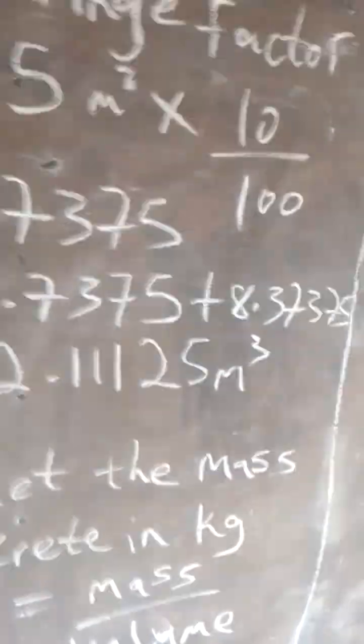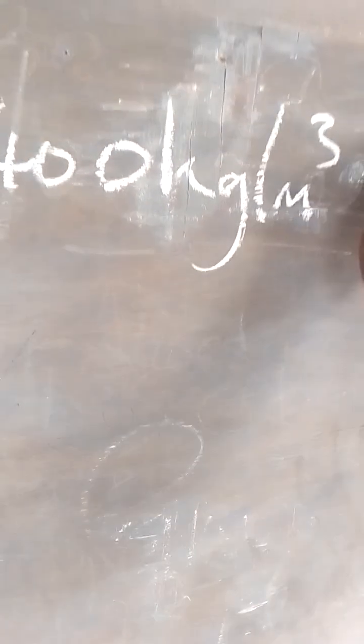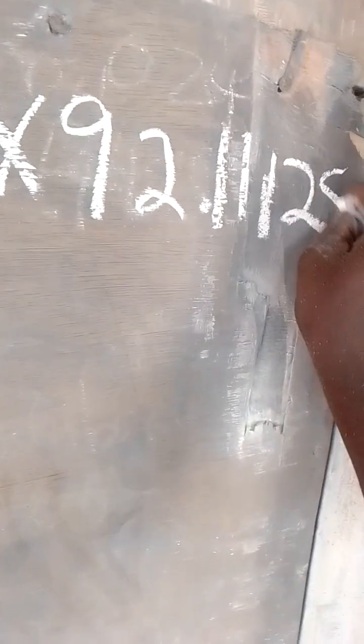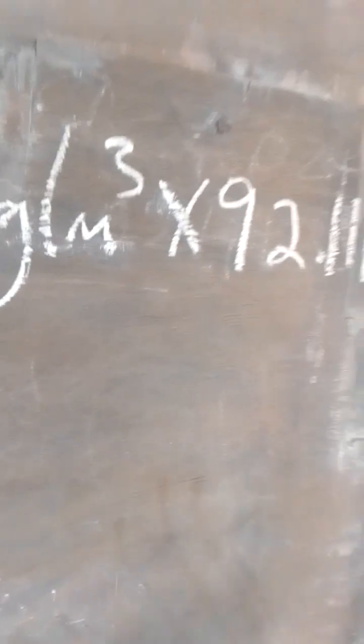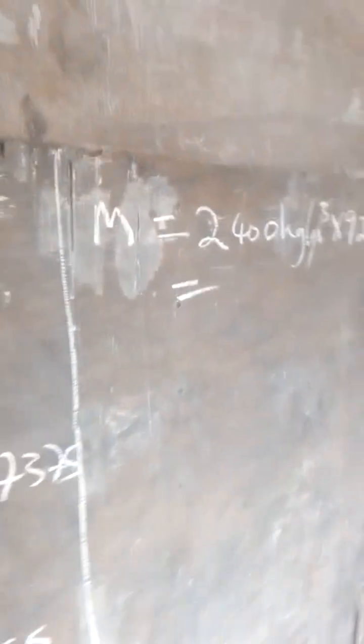Make mass the subject of the formula: mass equals 2400 kg per meter cube times 92.11125 meter cube. So this meter cube cancels this, times this, you get the mass.